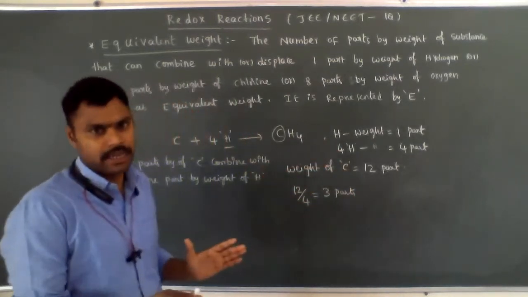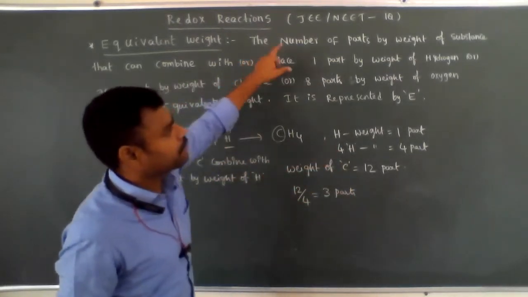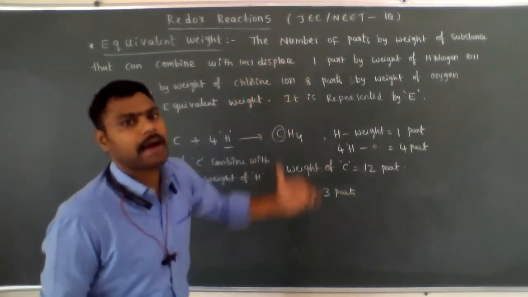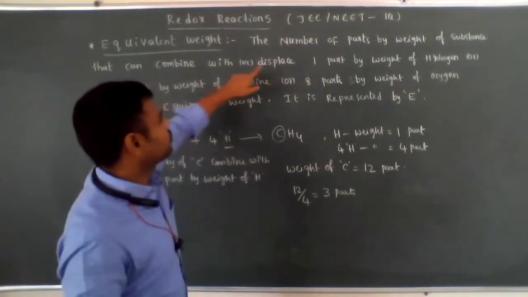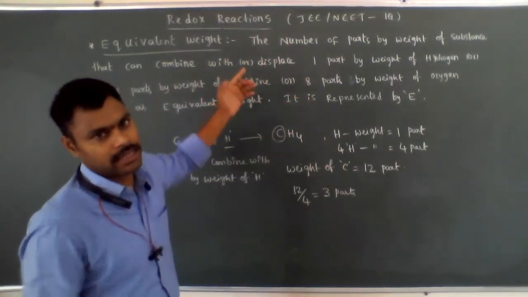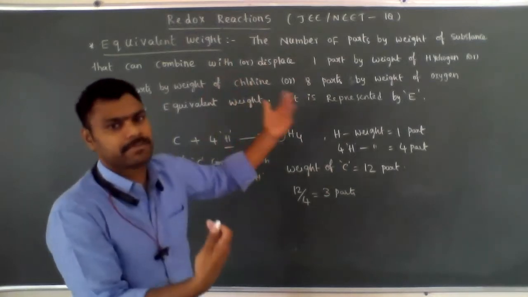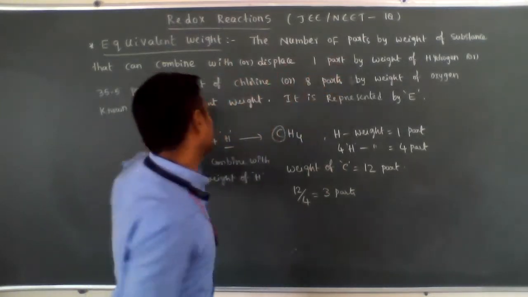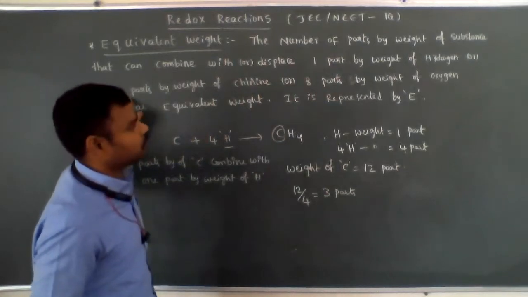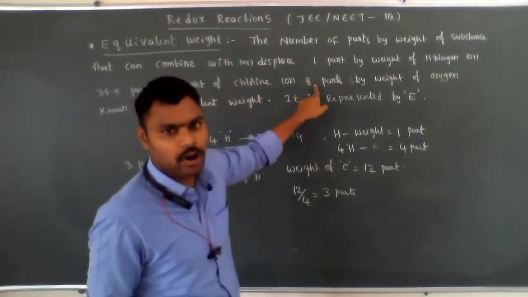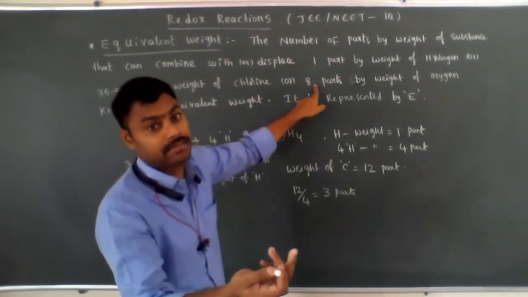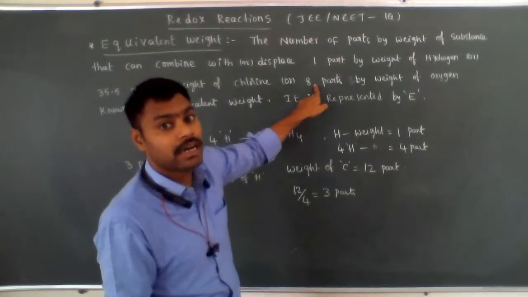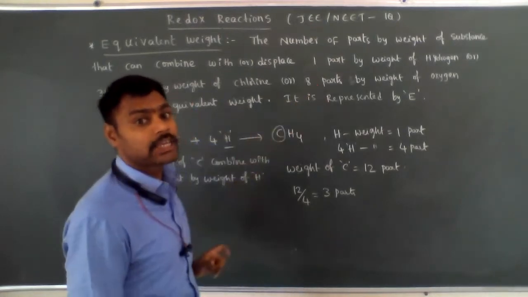That's why the number of parts by weight of a substance can combine or displace, either in combination reactions or in displacement reactions, compared with 1 part by weight of hydrogen, 35.5 parts by weight of chlorine, or 8 parts by weight of oxygen, is known as equivalent weight.